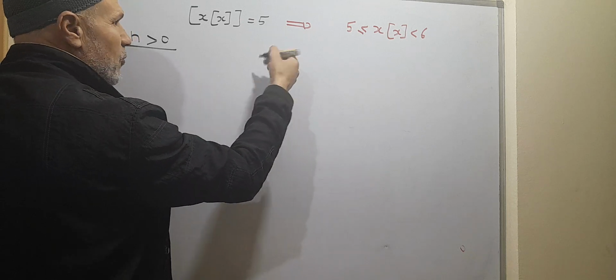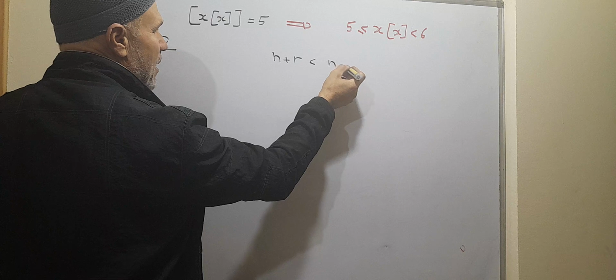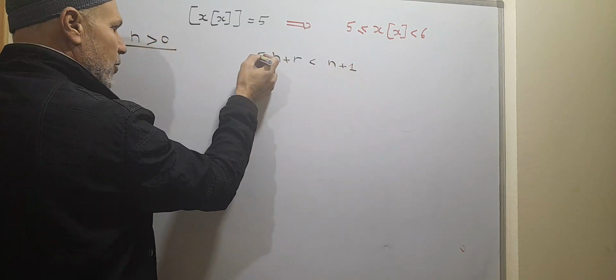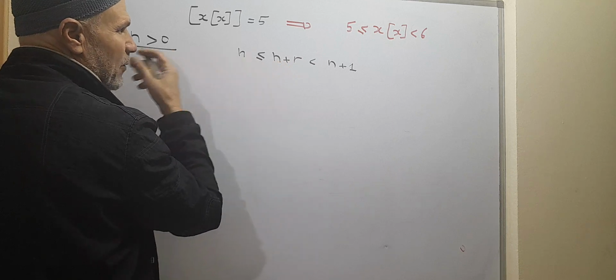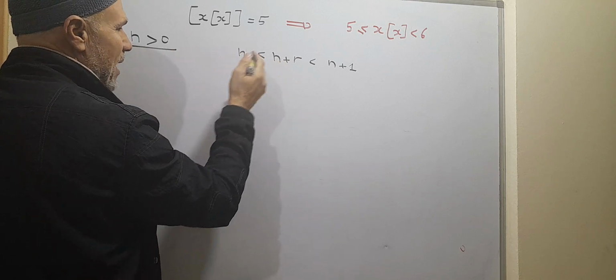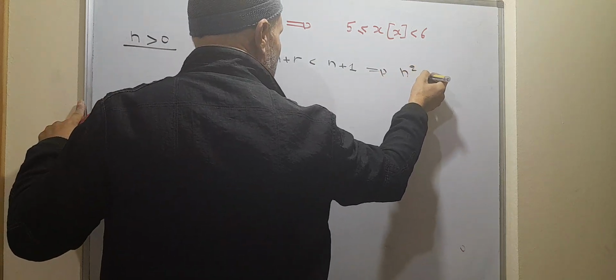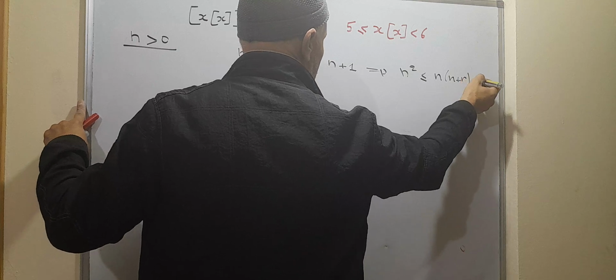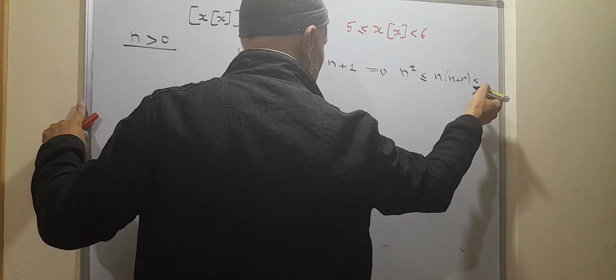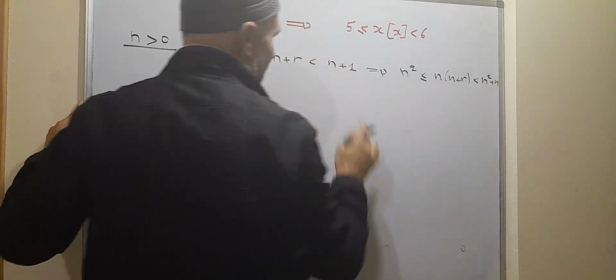In this case, once again, we have n plus r less than n plus 1 and greater than or equal to n. If we multiply by n, we get n squared less than or equal to n times (n plus r), which is less than n squared plus n.